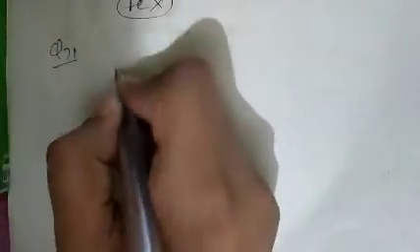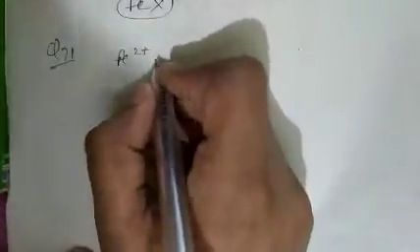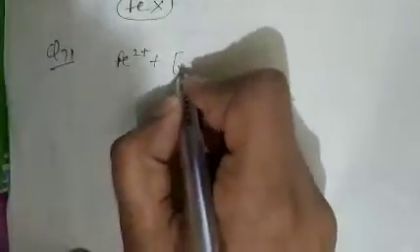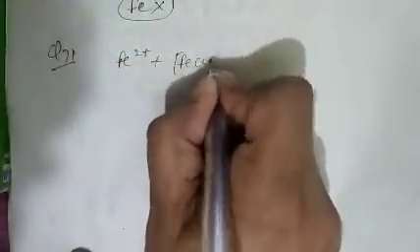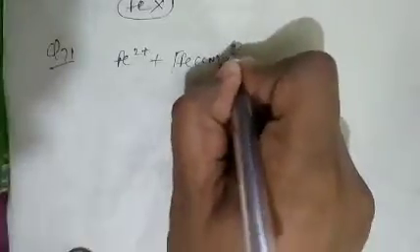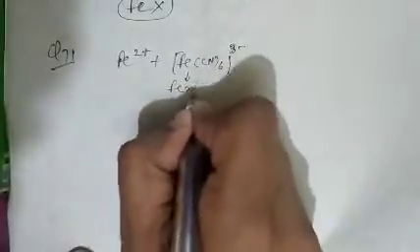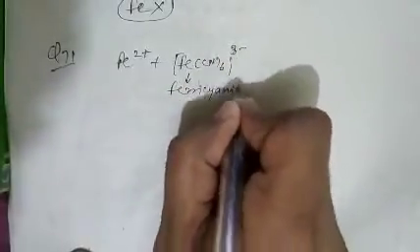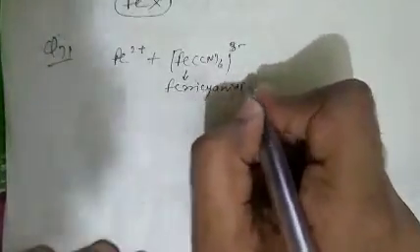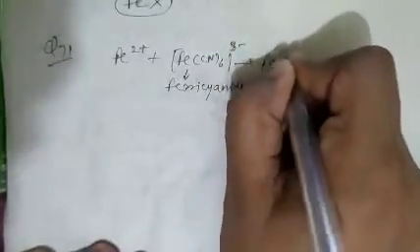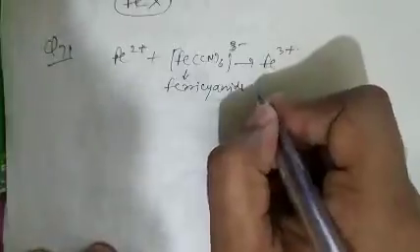As we know, when ferrous salt, that is Fe2 plus, reacts with ferricyanide, that is [Fe(CN)6] 3 minus, this compound is ferricyanide. So iron gets oxidized into Fe3 plus.